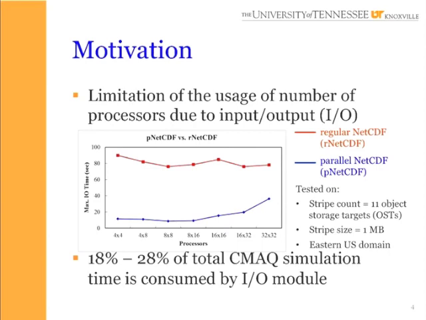This kind of effect is very important, because of the time scale of simulations, we can run this code for long times, and depending on the size of the input and also the grid size, sometimes the I/O amount can take from 18% to 28%. So it's a substantial part of the simulation in this particular case.